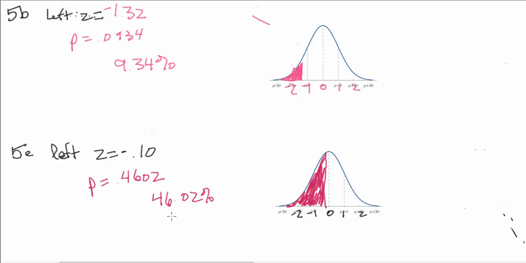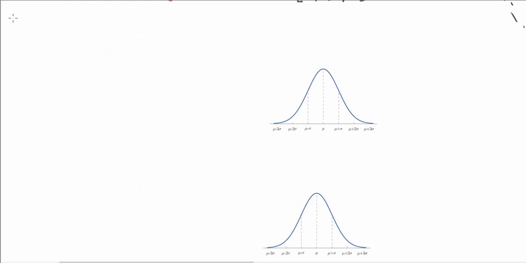So when your table matches up with exactly what the question is asking for, it's quite a bit easier. I know it was only one additional step in that last one. We had to subtract from 1 or from 100. But again, number 5, I think, should be a little bit easier for you.